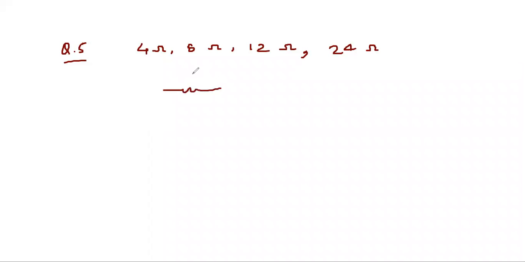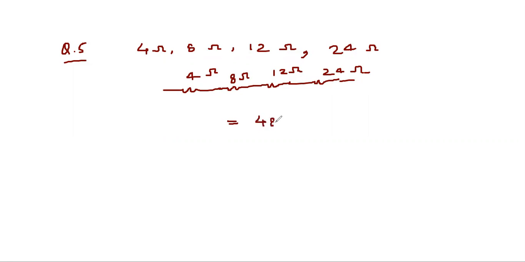So 4 ohm, then 8 ohm, then 12 ohm, and then 24 ohm. So in case of series, we find total resistance, and that will be 48 ohm.